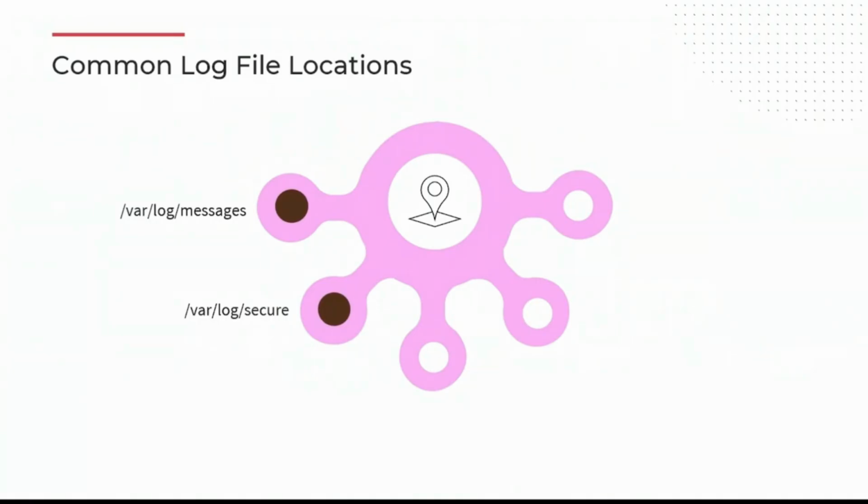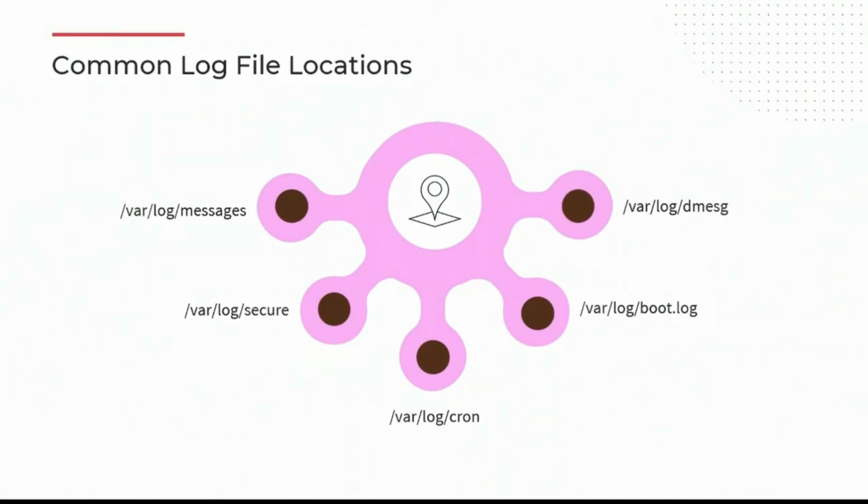It's extremely helpful when you suspect a break-in. Then, the /var/log/cron log file monitors scheduled tasks, also known as cron jobs. Another log file is /var/log/boot.log. This log contains messages generated during the boot process. Finally, we have /var/log/dmesg. This log file displays hardware-related messages, especially from the kernel. Each one serves its own purpose. Once you get used to reading them, they start making a lot of sense.